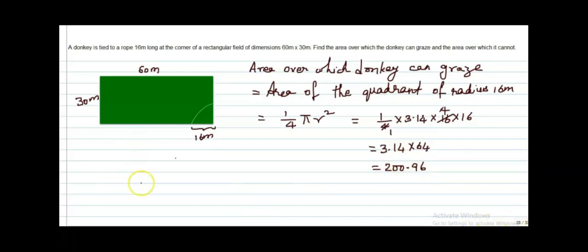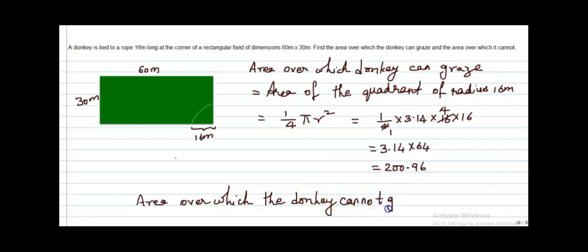Now, the area over which it cannot graze. The area over which the donkey cannot graze is equal to the area of the rectangle, that is 60 meters into 30 meters, minus the area of the quadrant, that is the area over which it can graze.